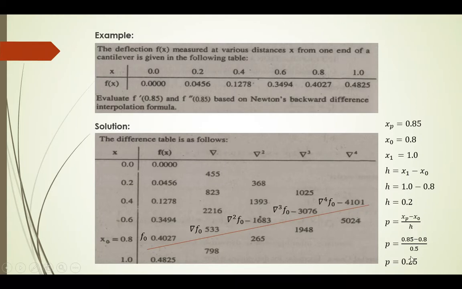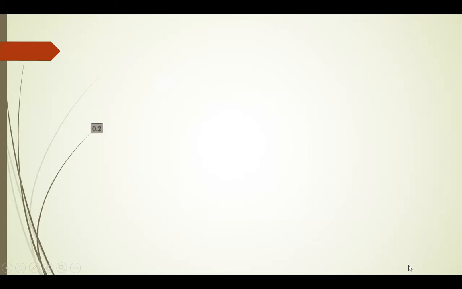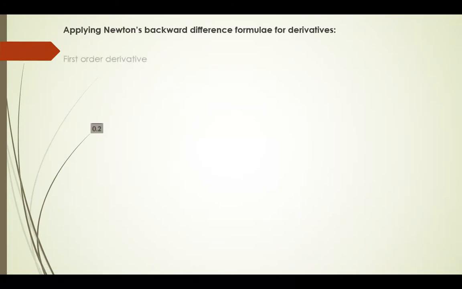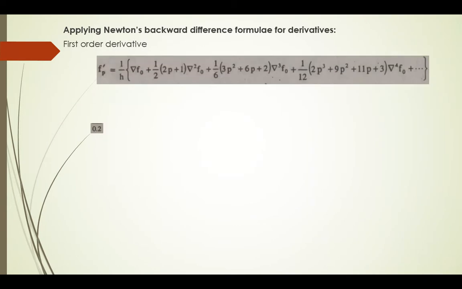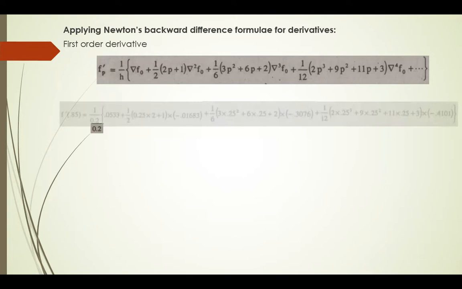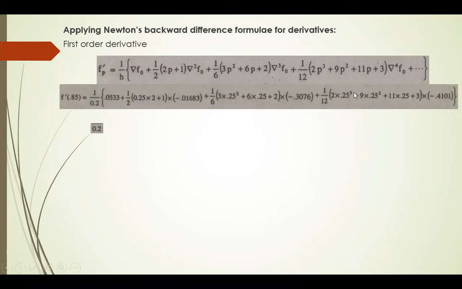Calculate p, that is p, and using Newton's backward difference formula, the first derivative will be obtained with the help of this formula. You just need to replace h by its own value. H is 0.2. Nabla f naught from the table, p is 0.25 multiplied by this 2 plus 1.